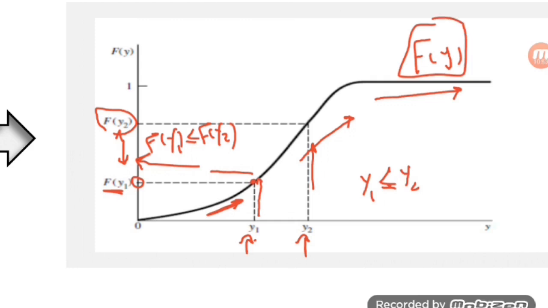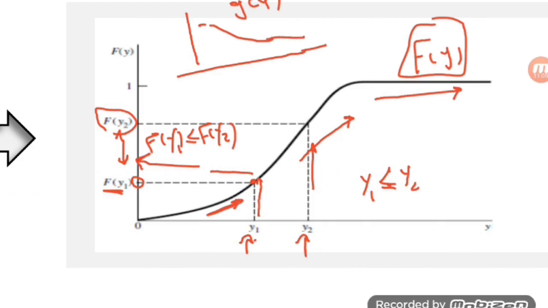Okay, it may be clearer if we define another function, a decreasing one, say g of y. I just wanted to show you the decreasing function. Let's do it there on the board.